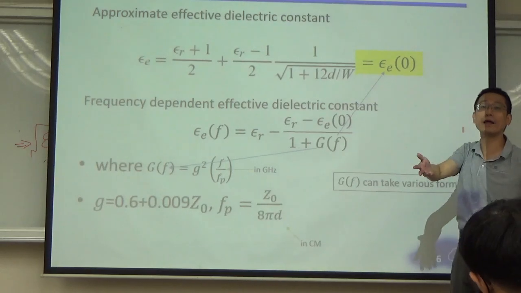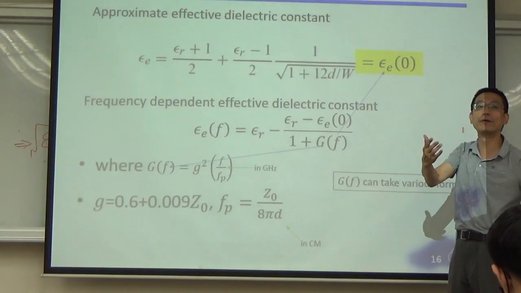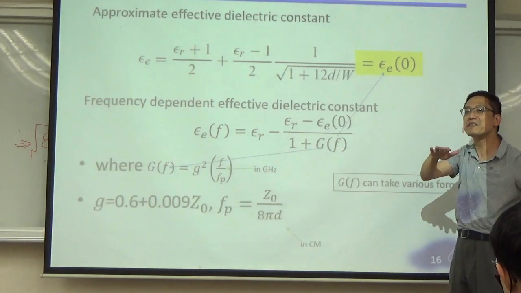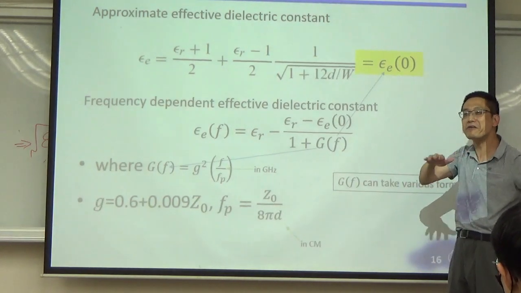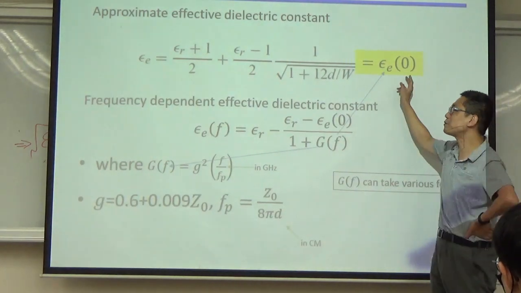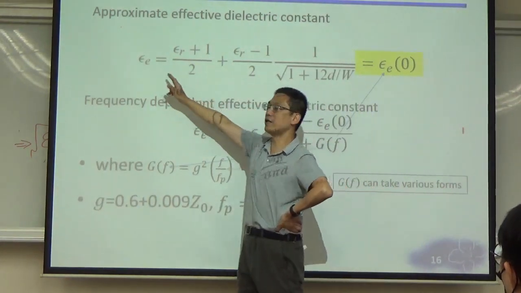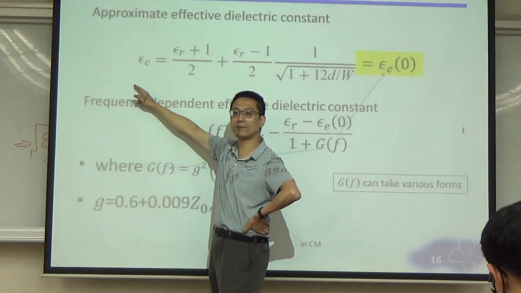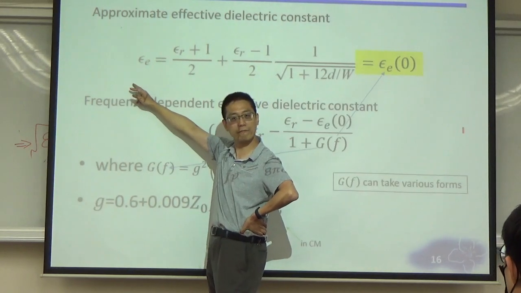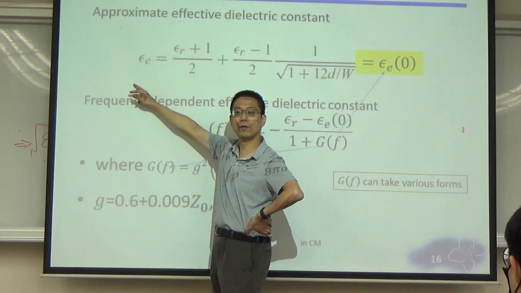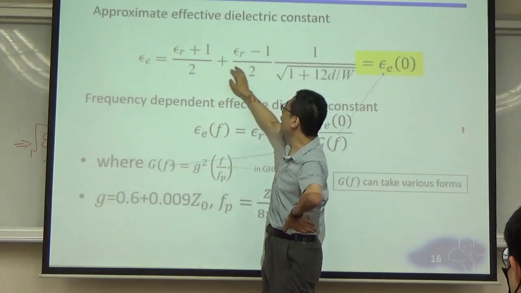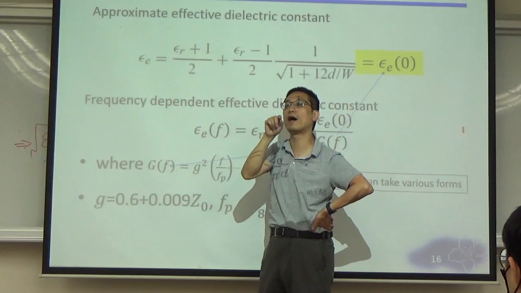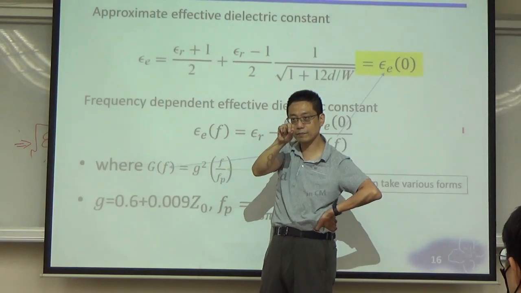I'm telling you that so far what you learn is very simple. In the real world, this is just a simple case. In the real world, your epsilon E is supposed to be changing depending on the frequency. If you key in your epsilon R, it is a constant.